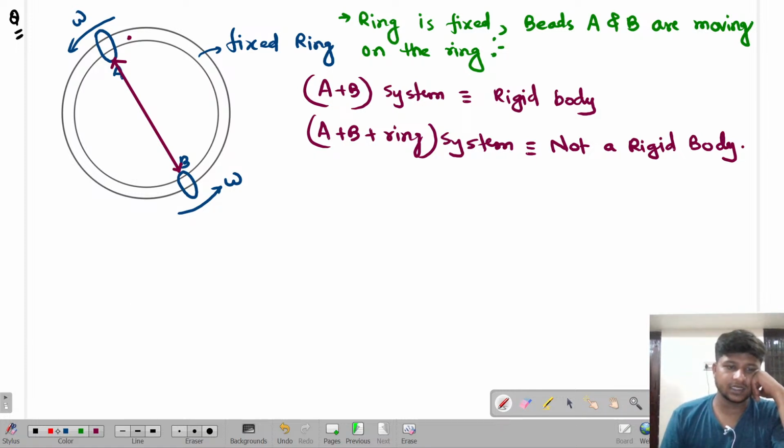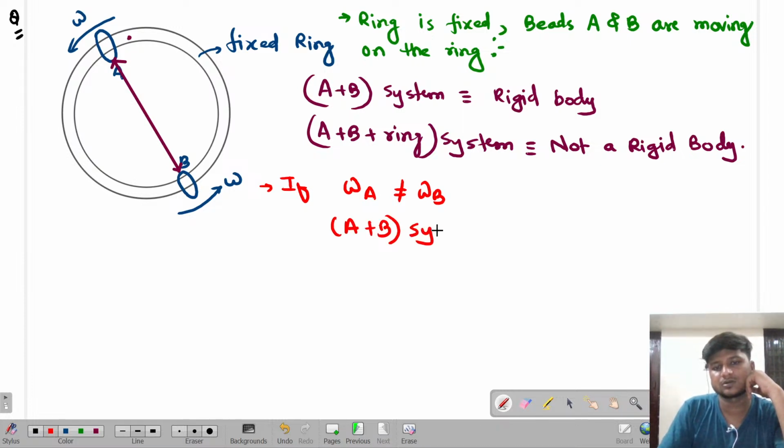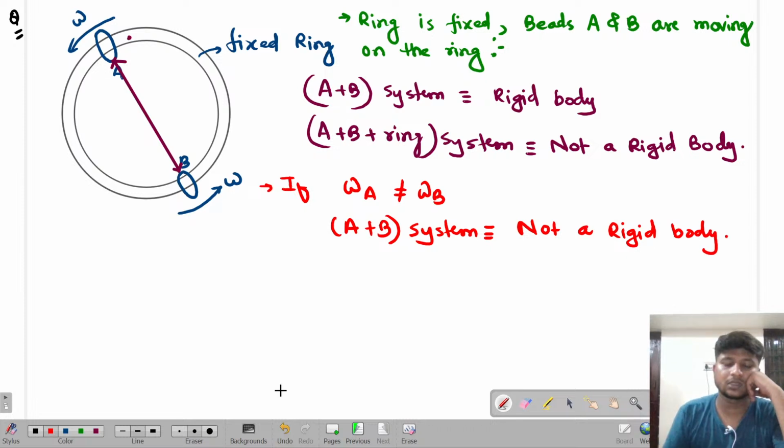The second idea is that if omega of bead A would have been not equal to omega of bead B, then what will happen? These separations will continuously change between the beads, or not? Yes. So that means at that time the A plus B system is also not a rigid body.